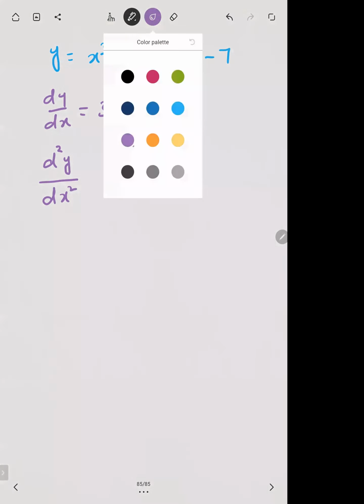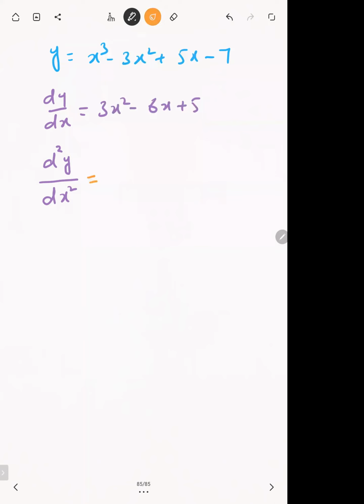The differentiation is the same. You have the first derivative, 3x square minus 6x plus 5. Differentiate this again, you will get 6x minus 6. The rules to find the second derivative are the same as the rules for the first derivative, so I hope there is no issue in finding it.